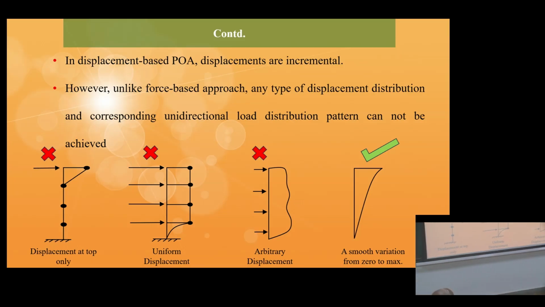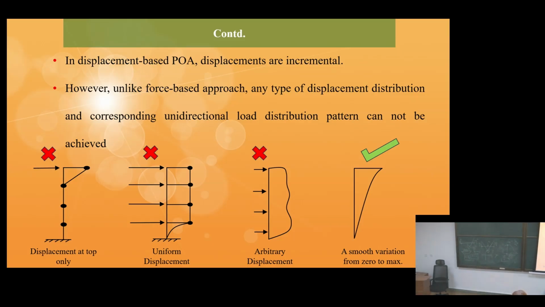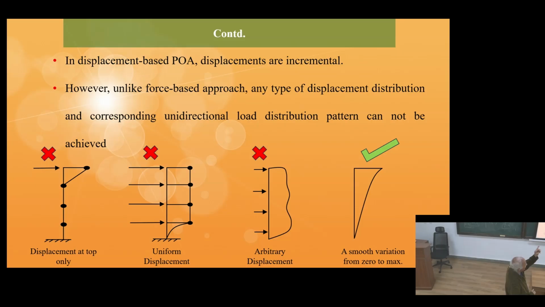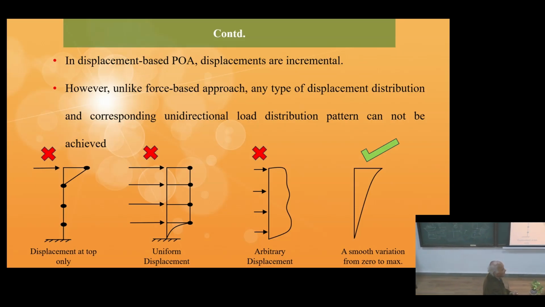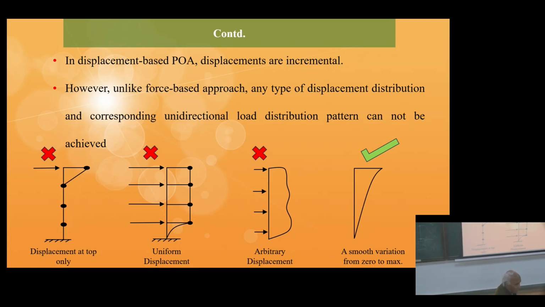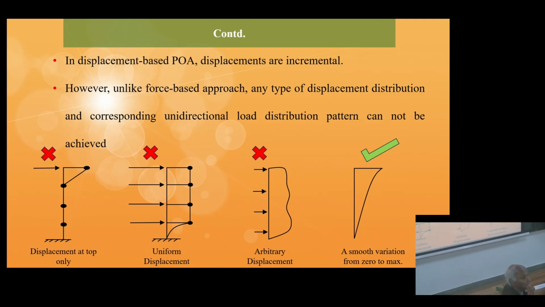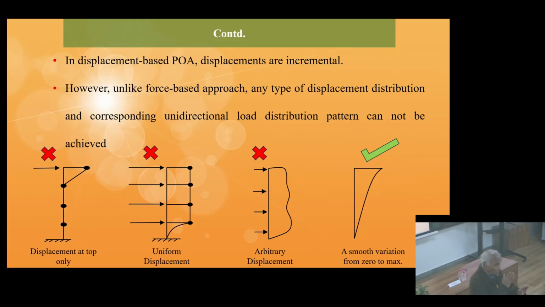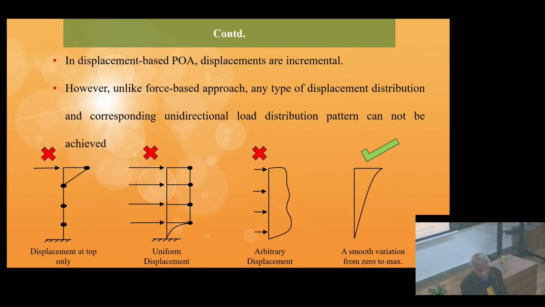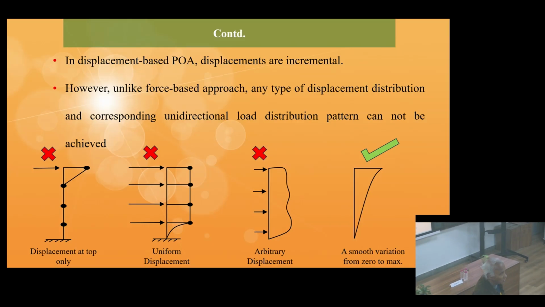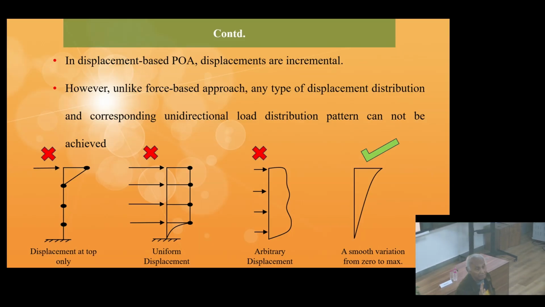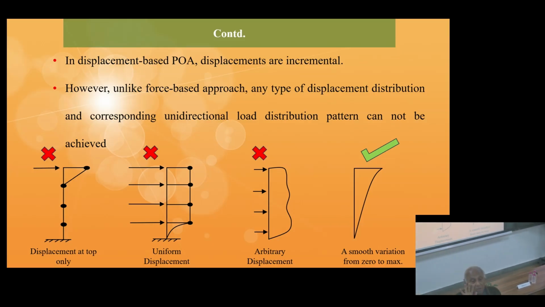Okay. So, what is the implication of this? The implication is that in a displacement-based concept and unidirectional pushing, if you are bringing in these two things, then the displacement pattern over the structure should be a smooth curve. Whatever it is, accordingly you can find out the load.